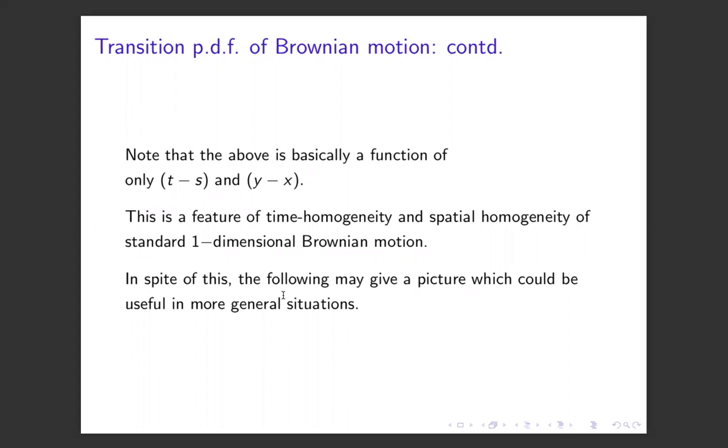So in spite of this, we would like to draw a kind of generalization for general situations, which will be useful if you happen to study more general processes, which are generalizations of Brownian motion, the so-called diffusion processes.